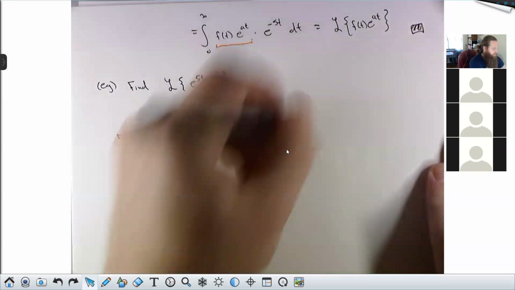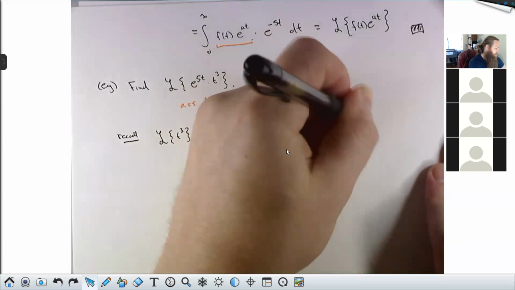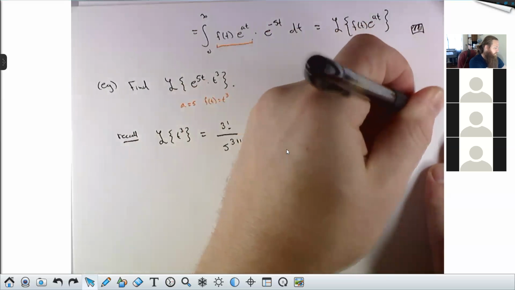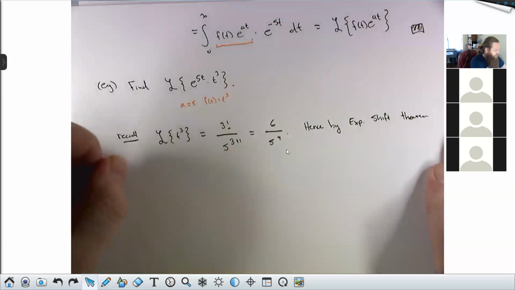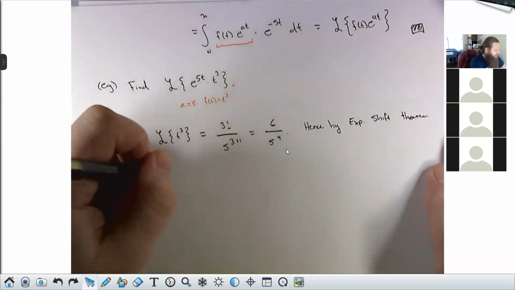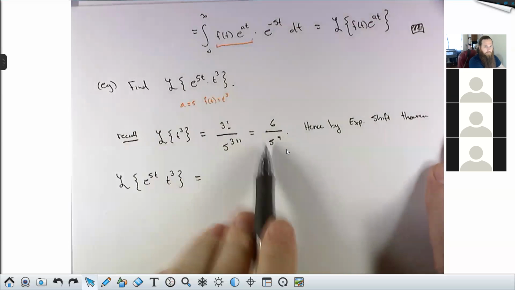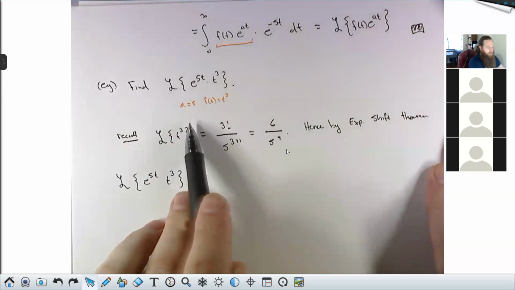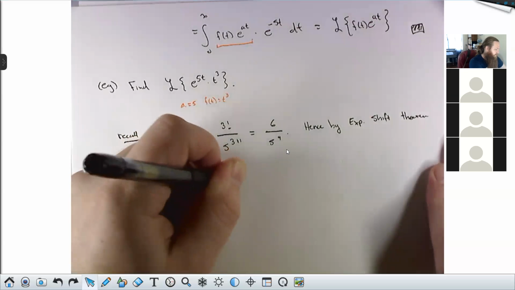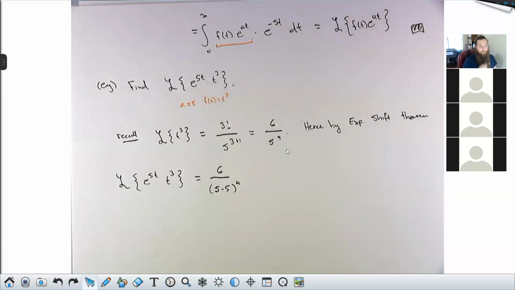Therefore, by the exponential shift theorem, the Laplace transform of e to the 5t times t cubed should be this thing, but with s swapped for s minus a, which is 5. So it would be 6 over s minus 5 to the 4. And that's it, you're done.